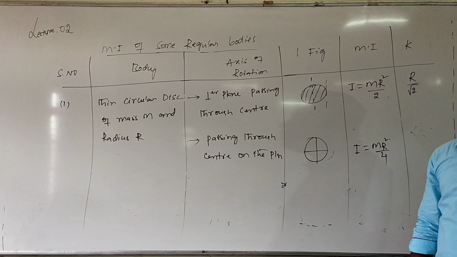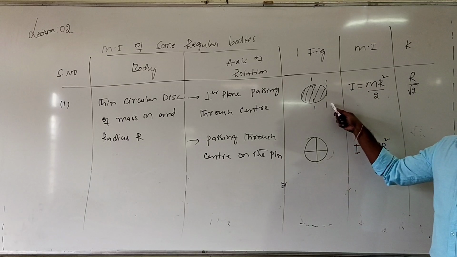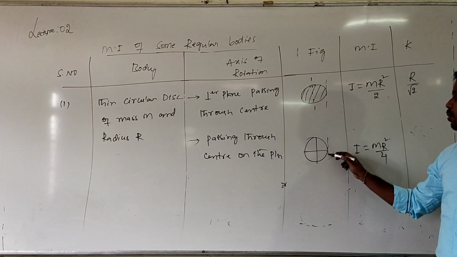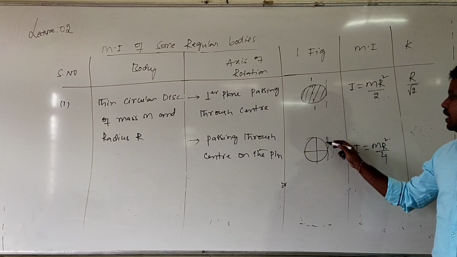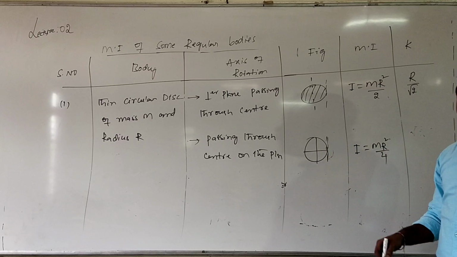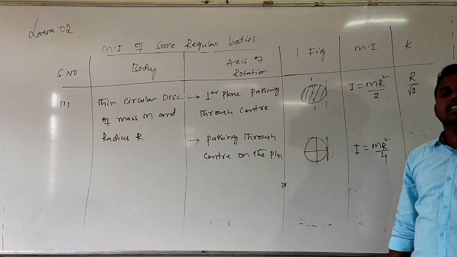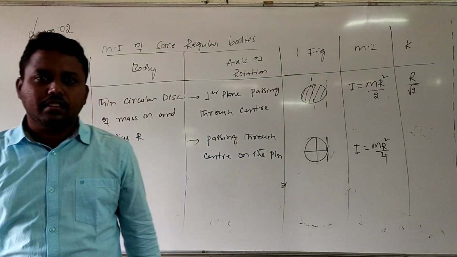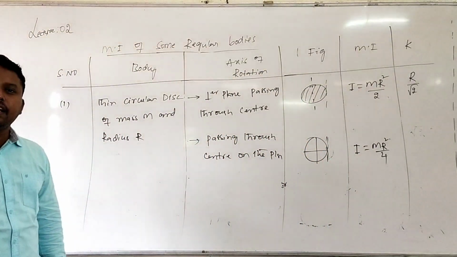Parallel axis theorem. So mr square by 2 plus mr square, which is 3 by 2 mr square. If I want to calculate about a tangential axis in the plane, again the parallel axis theorem: I_C plus m into d square. About any axis you can calculate.